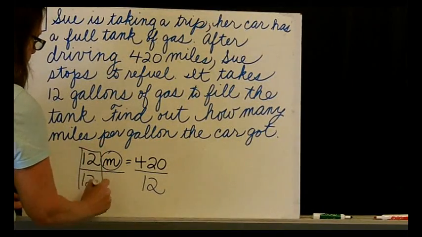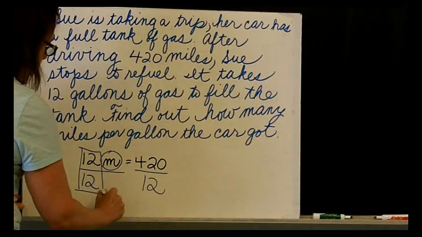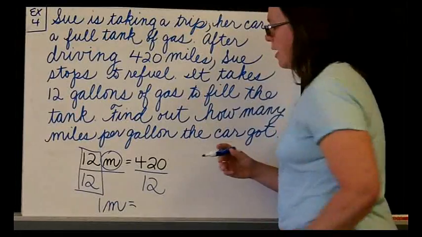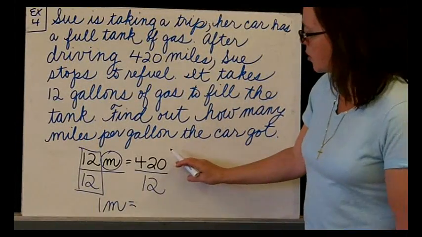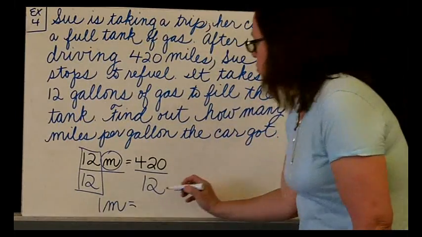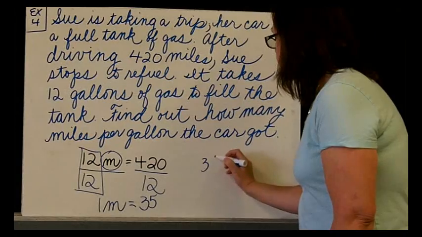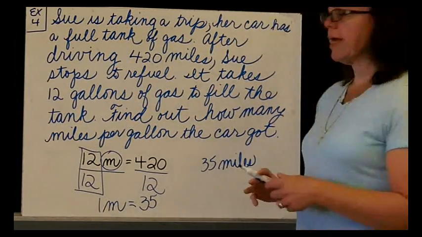Here we have created a coefficient of 1 for our m. And I'm not going to take the time to do it now, but when you do your long division, you will find that 420 divided by 12 is 35. So she got 35 miles for every gallon of gas.